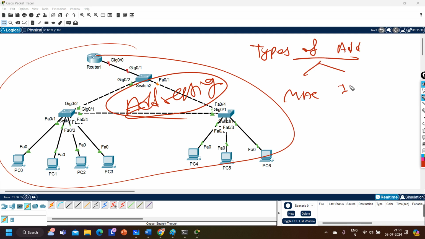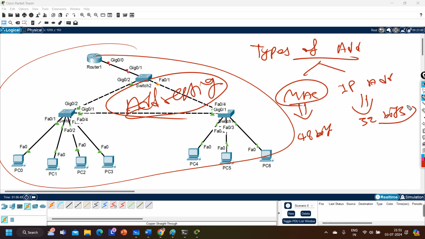MAC address, first MAC address, then IP address. One difference is this one is 48 bits address and this one is 32 bits address. Okay. Now tomorrow you tell me the 5 differences between MAC address and IP address.